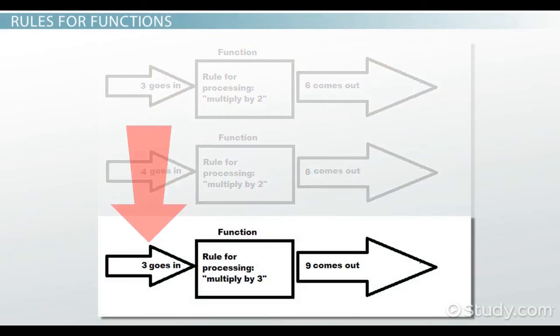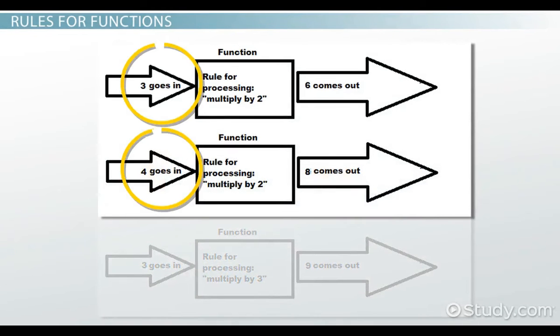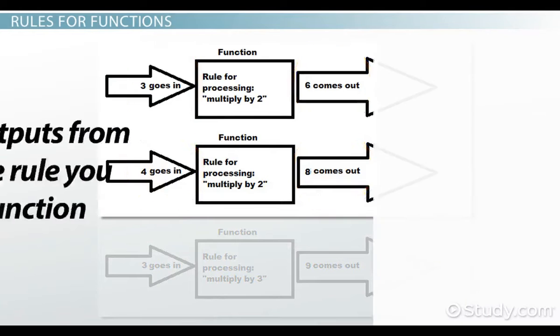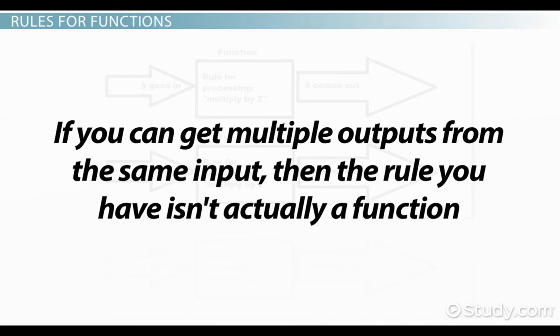For a completely different function, you would get a different output for putting in 3 because you're applying a different rule. But for any one function, each input can only have one output. If you can get multiple outputs from the same input, then the rule you have isn't actually a function.